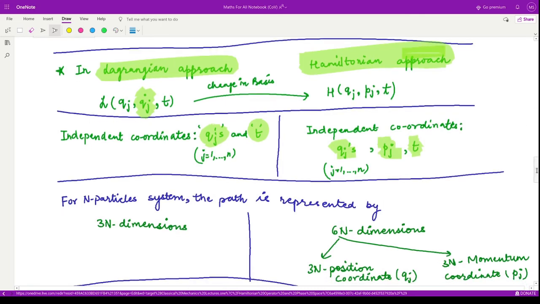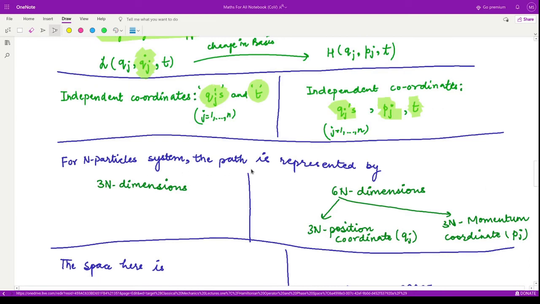Moreover, for an n particle system, our path is represented in 3n dimensions. If you remember, we showed this through various figures in the previous videos, whereas here it includes 6n dimensions. Why? Because in the first case we only had q1, q2 up to qn independent coordinates, and for each of the n particles we had 3 dimensions, so overall 3n dimensions.